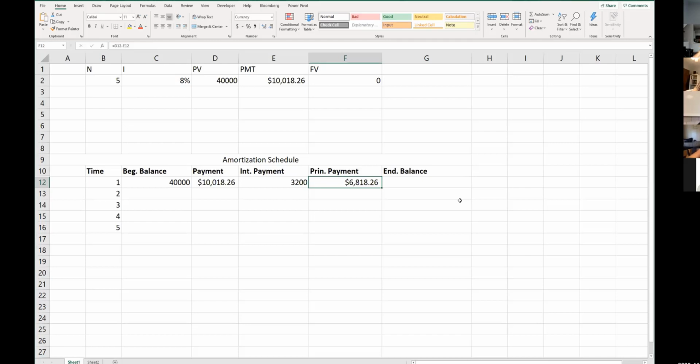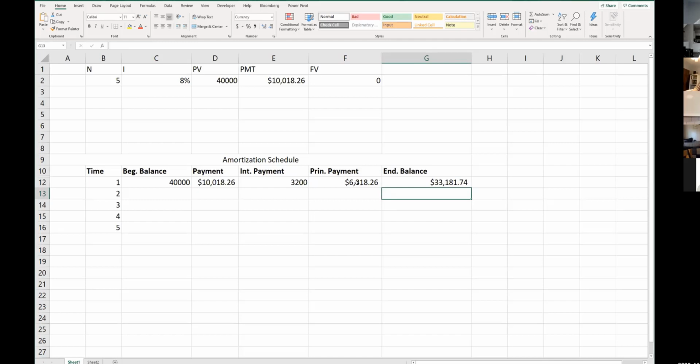How did you find that? Okay, nice. So ending balance, from the 40,000 that was our beginning balance, we paid out principal of 6,818. Thank you, Tom and Islin. Is that clear? That gave us our 33,181.